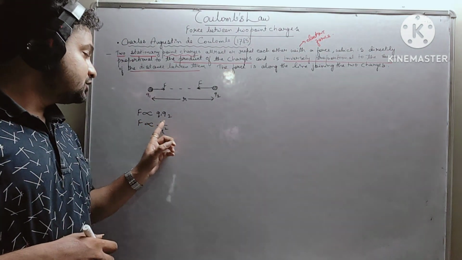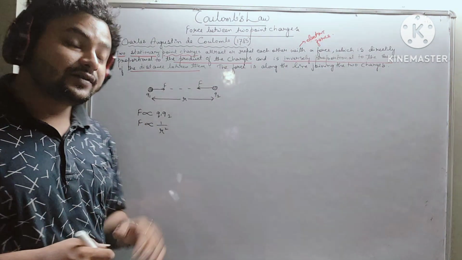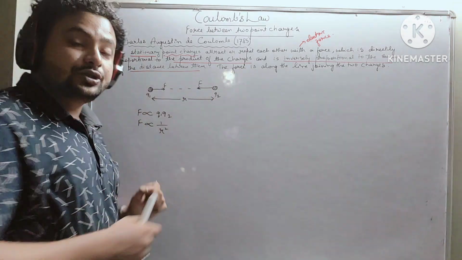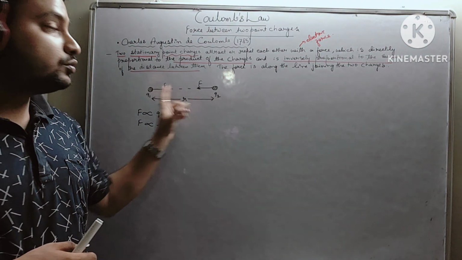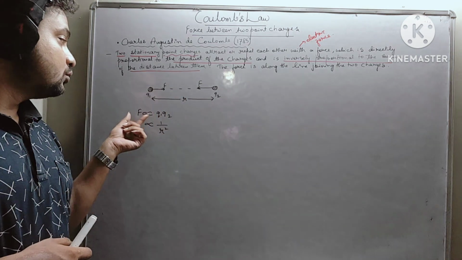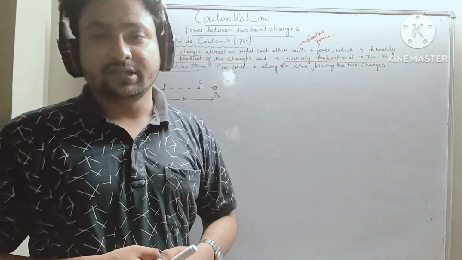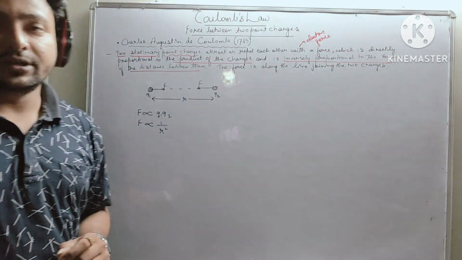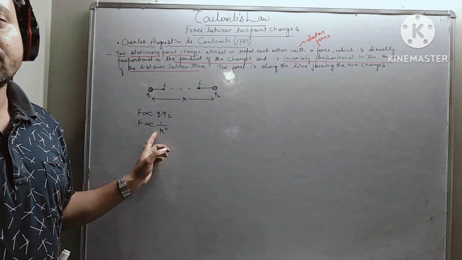So the force is directly proportional to the product of charges, and inversely proportional to the square of distance. This means that the more the magnitude of the charges, the more will be the force of attraction or repulsion, whichever is acting between them. And the more the distance of separation between them, the less will be the force.